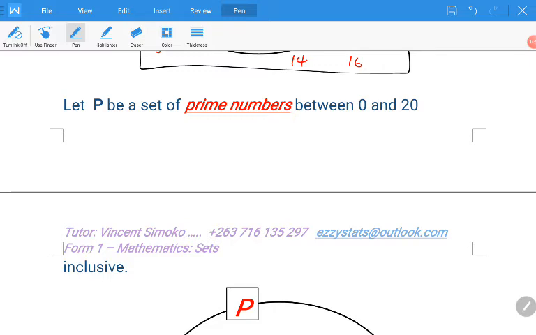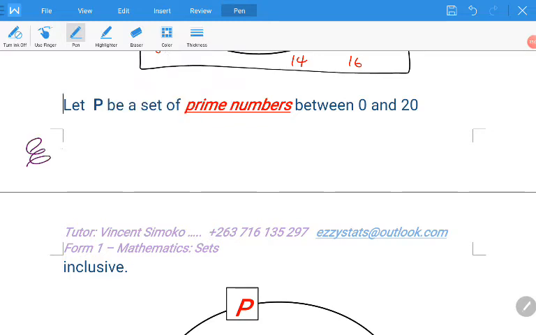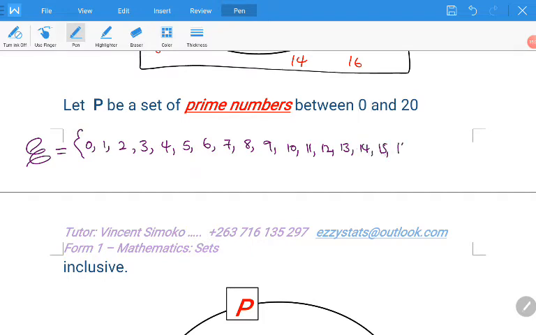So our universal set, let me use a different color, is 0, 1, 2, 3, 4, 5, 6, 7, 8, 9, 10, 11, 12, 13, 14, 15, 16, 17, 18, 19, and 20.